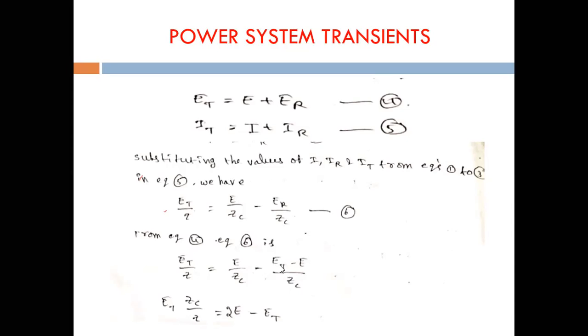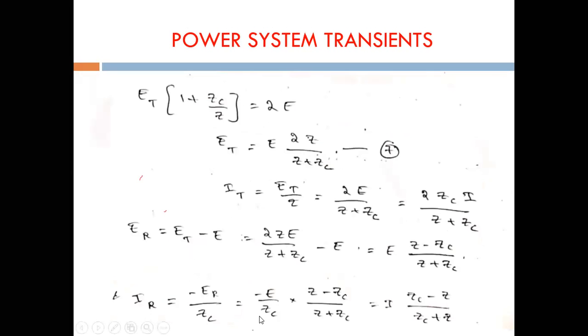By simplifying this equation, ET into ZC by Z is equal to 2E minus ET. Then substitute the value, that is 1 plus ZC by Z equal to 2E.